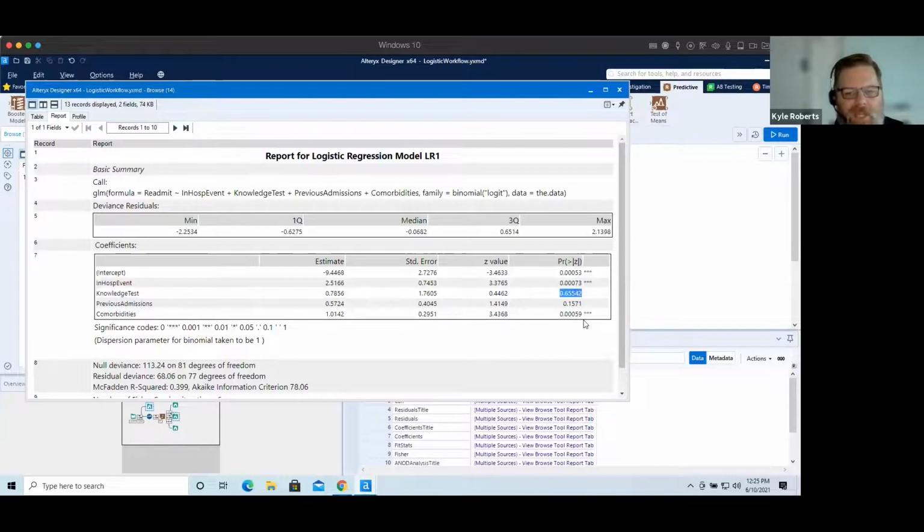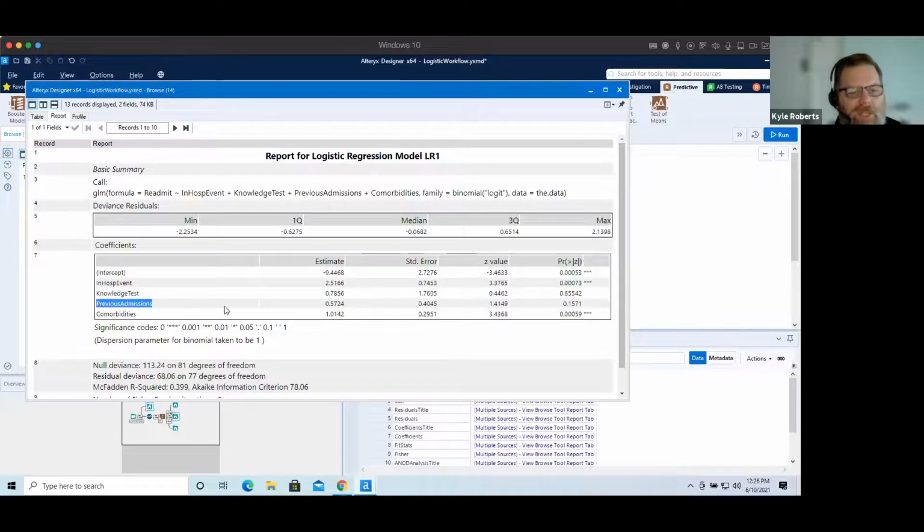But that value is not statistically significant, so we wouldn't trust it. But supposing it was, what this really means is that people who know more about the diseases they have probably know more because they're in the hospital a lot more with their disease. Okay, that's probably what that means. But it's not statistically significant, so we wouldn't necessarily trust it to be a good predictor.